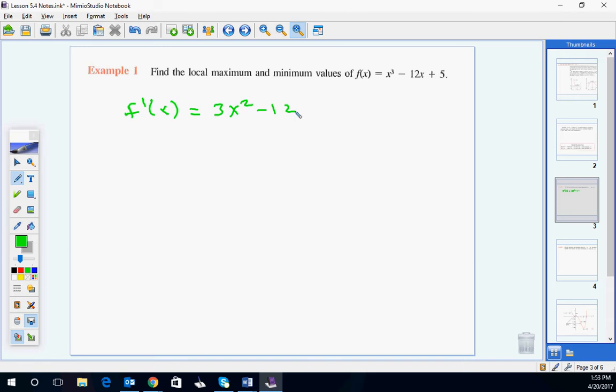Then I'm going to find the zeros, so we're going back to the definition. We pull the 3 out, then you see we have a difference of squares. So your CPs, critical points, are 2 and negative 2.